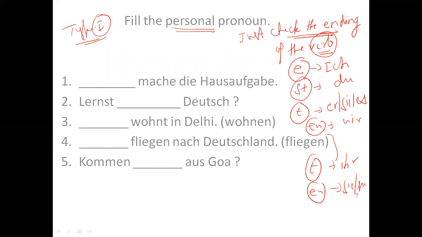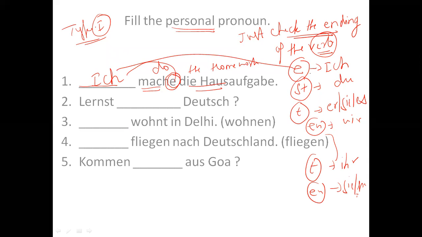So let's proceed. Here it says blank mache die Hausaufgabe. Mache is do the homework. So who is doing the homework? I am doing the homework. Ich shall be the answer. And why ich? How have I identified? Because the verb ends with e, and whenever we have e as an ending, the answer should be ich.